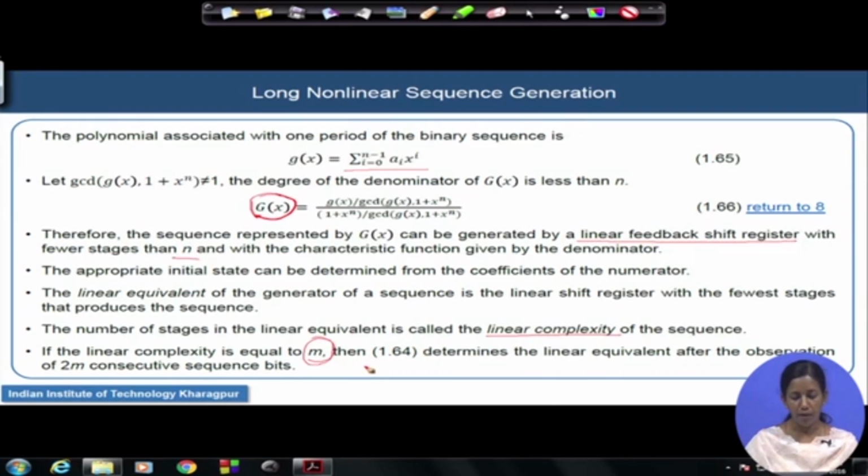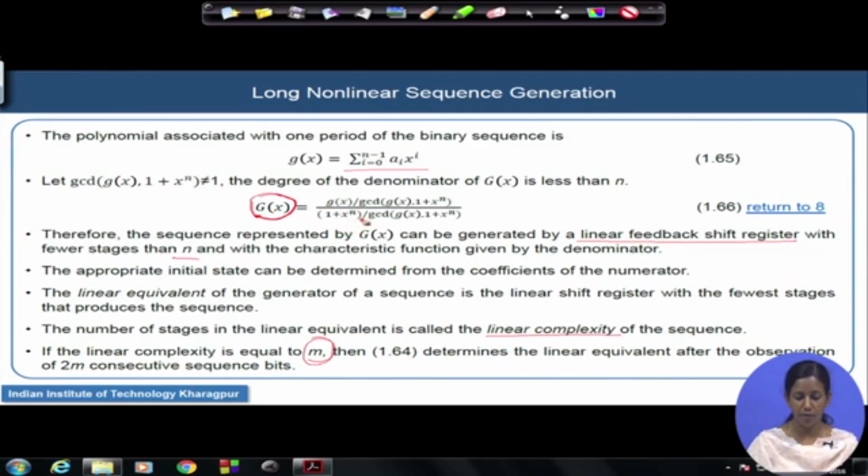So, the fundamental part is that if the generating polynomial g(x) and 1 plus x to the power n have a GCD that is not equal to 1, then a linear feedback shift register with far fewer stages than n can be utilized to generate the sequence.